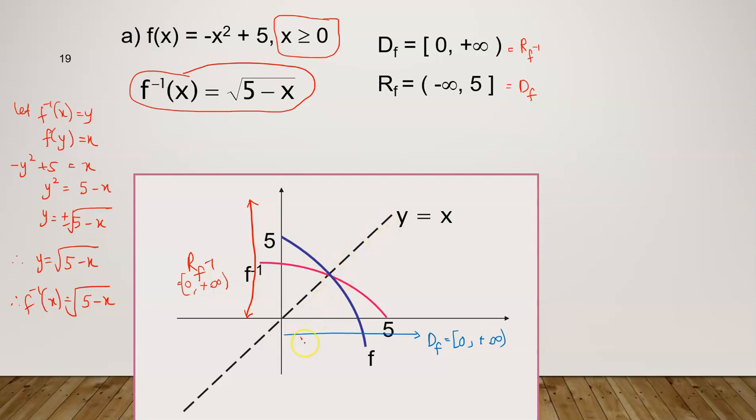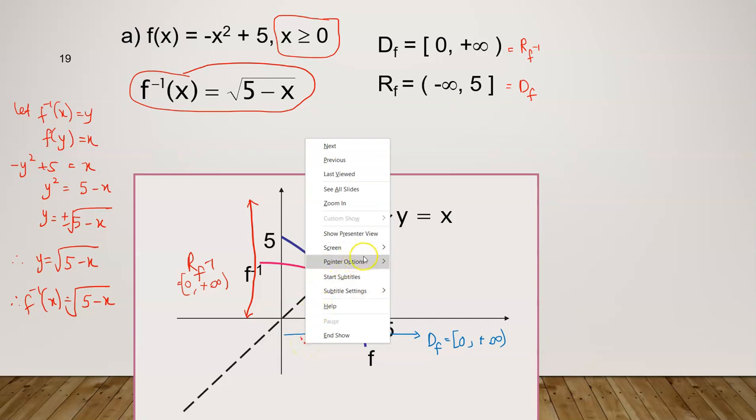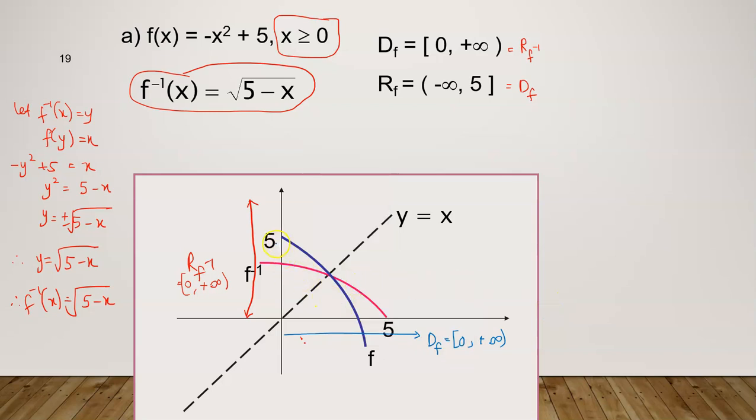Okay, how about the range of f? I change my pen back to blue first. In this case, this is my range, going down. So my range of f is equals to negative infinity up until 5 because it's going down. Okay, how about the inverse?